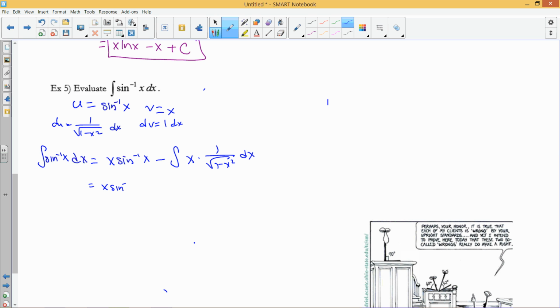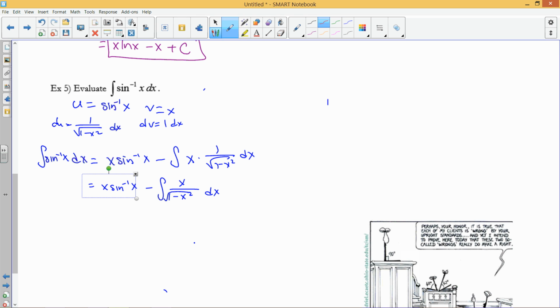So x inverse sine x minus the integral of x over the square root of 1 minus x squared dx. Well, how do I take the antiderivative of this one? Now I have a quotient, and this isn't a quotient I recognize. This is integration by parts with a nested u substitution at the same time.